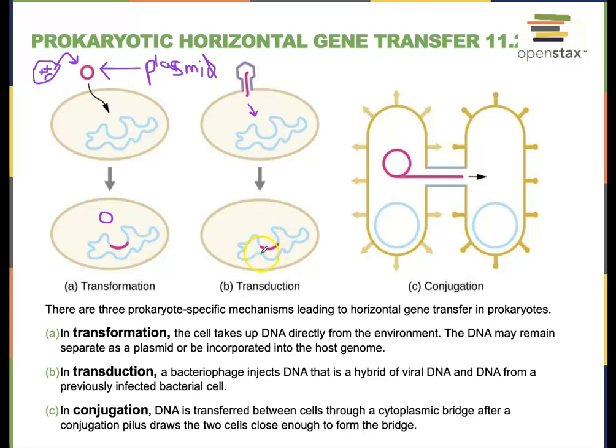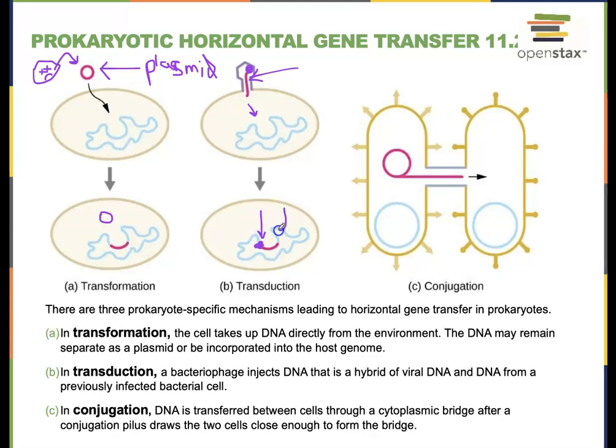And now the bacteria has this extra information that does code for virus, but also, if you remember, there was that specialized transduction where if this virus had infected another bacterial cell and it contained a small little bit of that first bacterial genome, it can also transfer that little bit of bacterial genome into the second bacteria that it's infecting now. So it can get bacterial genome.